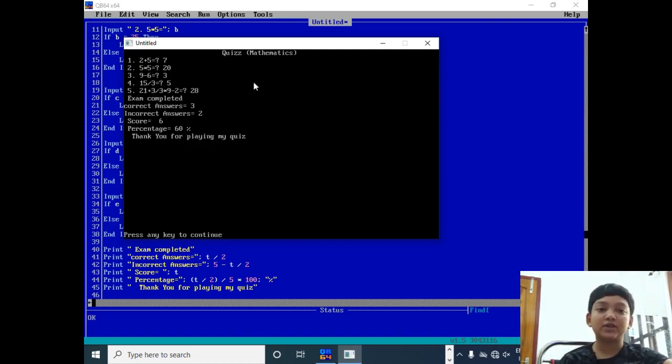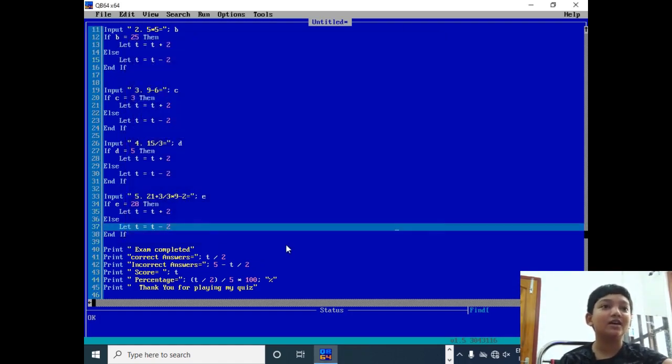That means 4 2s are 8, and 2 marks will be cut off. So the score and percentage are correct, but incorrect answer is 2, which should be 1. That means there is something wrong here.